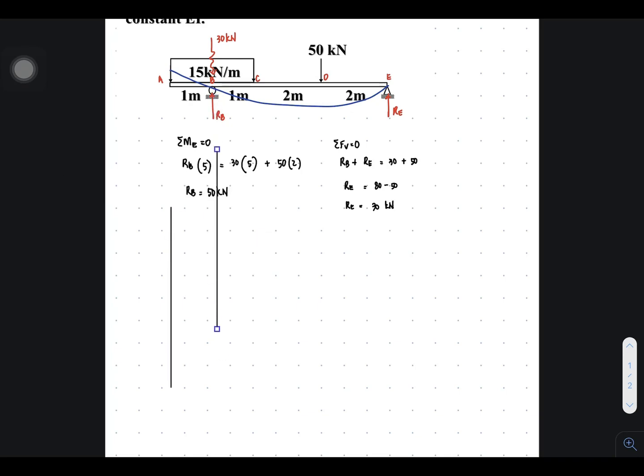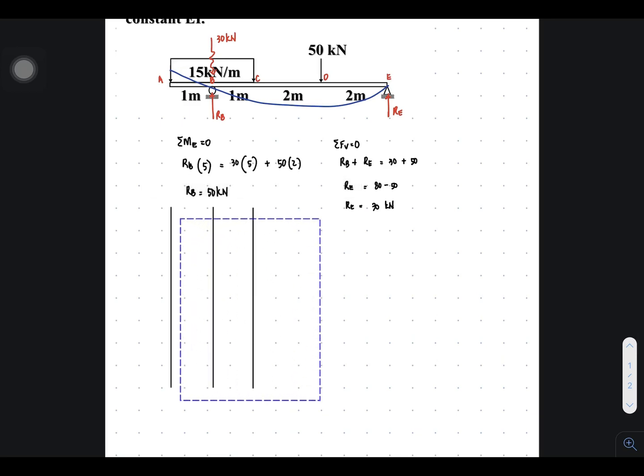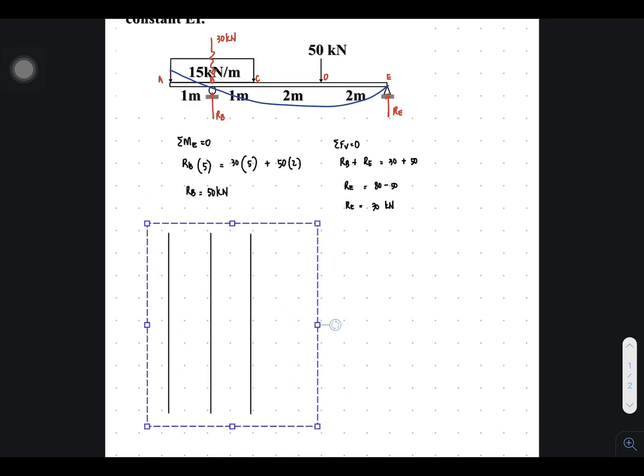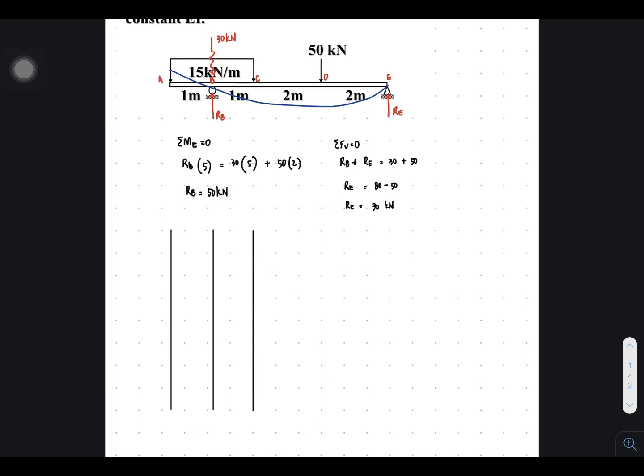For B, it's found here. And then for C, it's found here. Let's just move this down. And then for this portion, D, this one.